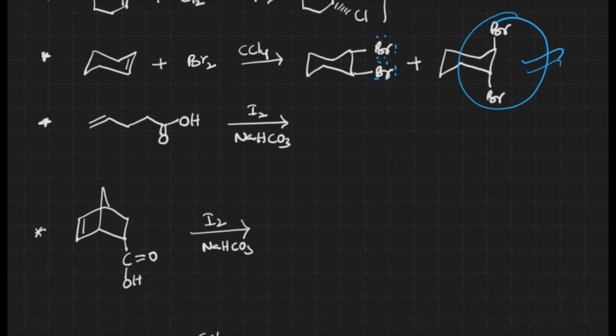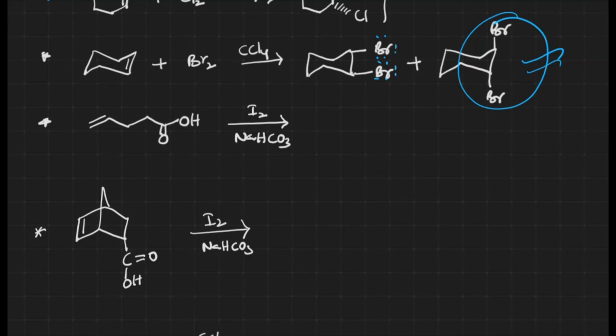Now let us see another example over here. Now we have a double bond where cyclic halonium formation takes place. This is the acid part of the reagent, the substrate, and this is a kind of base. Generally, metal carbonates or metal hydrogen carbonates are basic in nature.